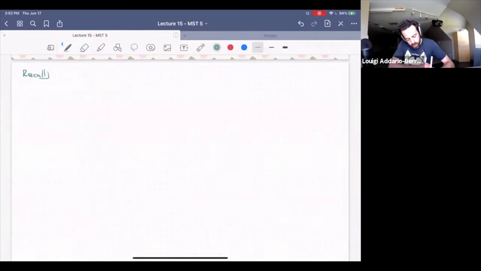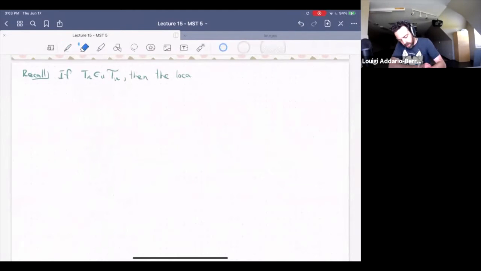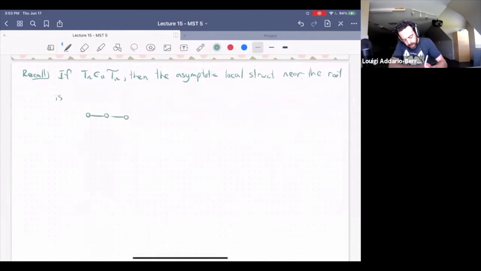We saw that for a uniformly random tree, so there's no optimization here, just a random labeled tree, the local structure near the root, and maybe I should add the word asymptotic here, I'll always be thinking about asymptotics as the tree becomes large, looks like a single infinite path off of which are attached independent critical Poisson Galton-Watson trees.